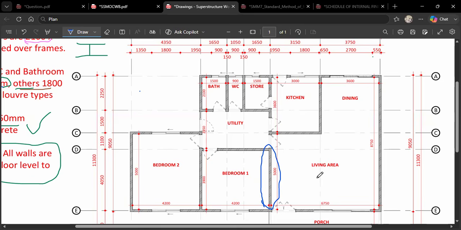So what's next? We are coming to also take these ones, 4.2. Can you see 4.2? So this is one over here, 4,200. This is the second over here. So that one is 4.2.